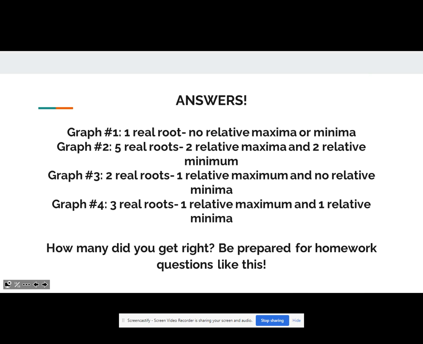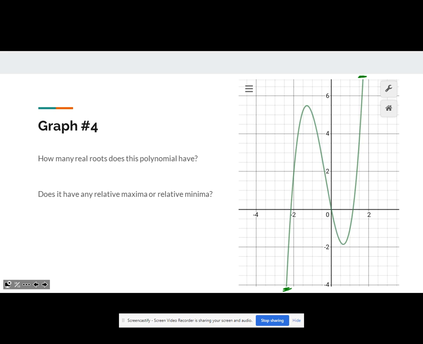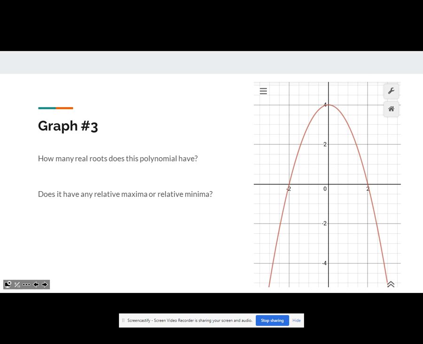So graph number 3 has 2 real roots. It's got 1 relative maximum, but no relative minima. So if we look at graph number 3, we can see the roots right here and the maximum at the top up here, but there's no minima. So you can have an instance where you have a maxima or a minima and not the other.